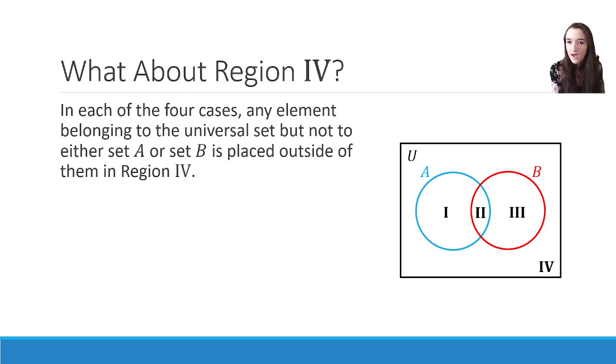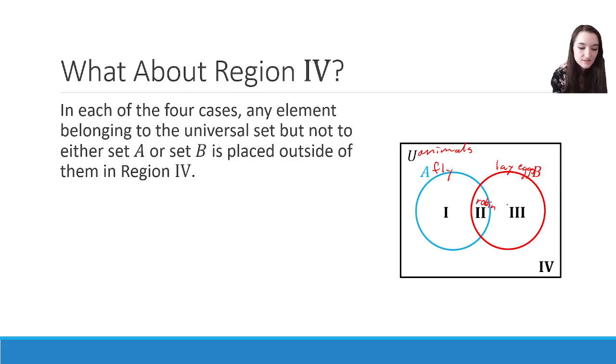So let's say we go back to the example of U being animals. And A is maybe things that fly, and B is things that lay eggs, right? So here's fly, here's lay eggs, we're talking about animals. So some things that could go in each of these areas would be something that flies and lays eggs could be a robin, right? That's in their overlap.